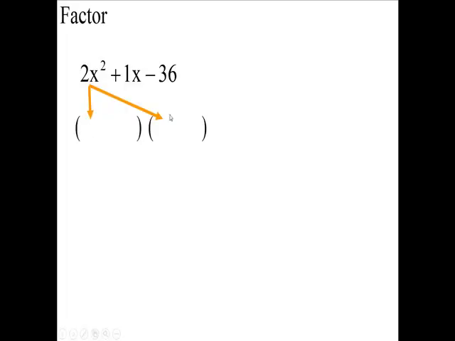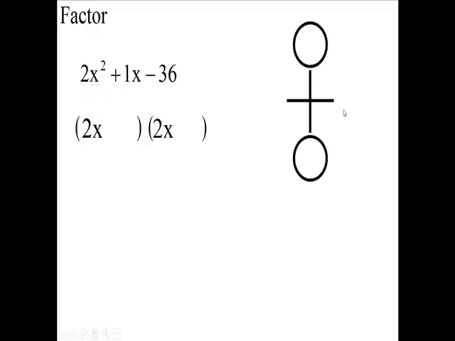We're going to copy the 2x twice. And then here's our little chart. Using the AC factoring, the product of the numbers is 2 times negative 36, negative 72. The sum of the numbers is this number right here.